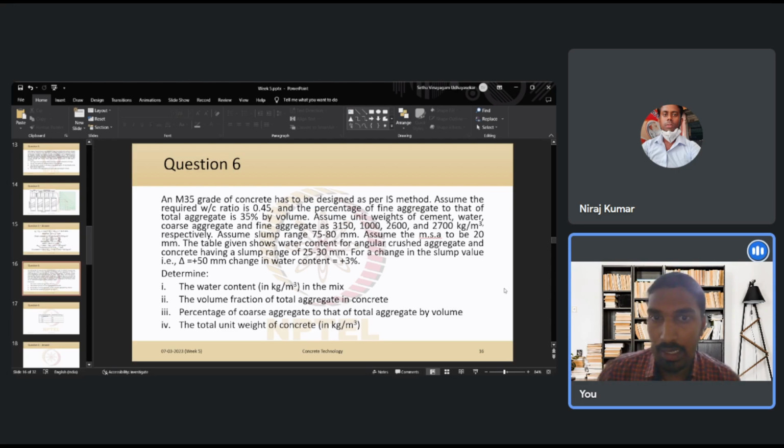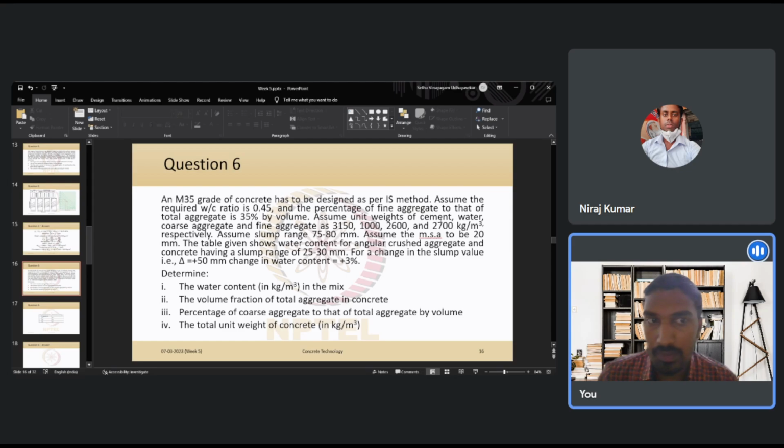Here again is another design problem, which is using the IS method now. We want to design M35 grade of concrete using the IS method, assuming that the water to cement ratio is 0.45, directly given to us, and the percentage of fine aggregate to the total aggregate is 35% by volume.